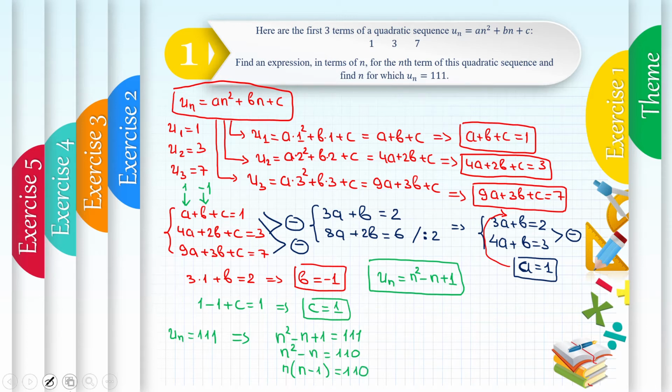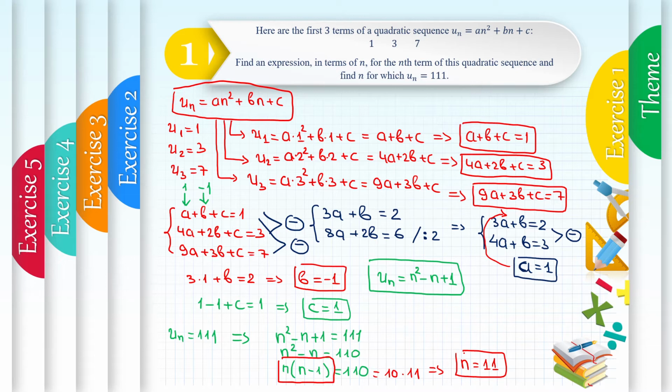We can see that in the left side we have the product of two consecutive numbers, because n minus 1 and n are consecutive numbers. So we have to find two consecutive numbers which multiplied will give us the value of 110. And for sure it is 10 multiplied by 11. So from this we get that n is equal to 11.